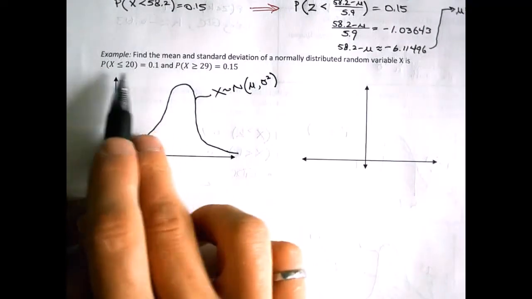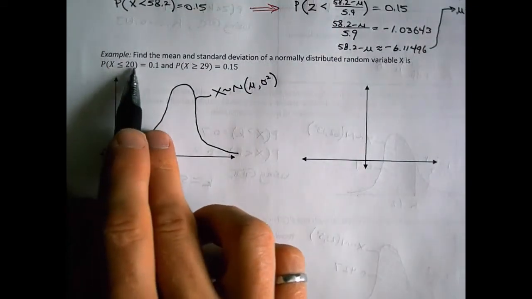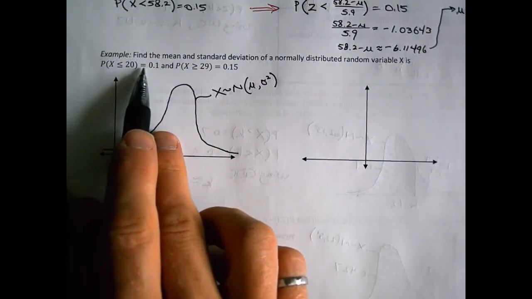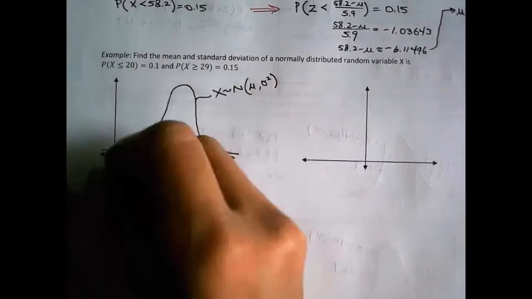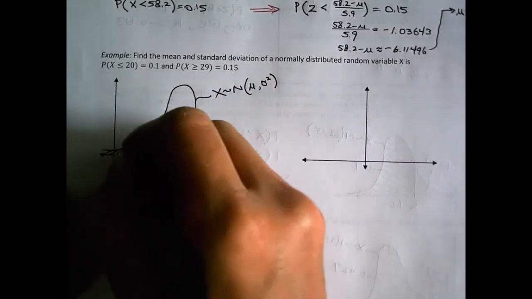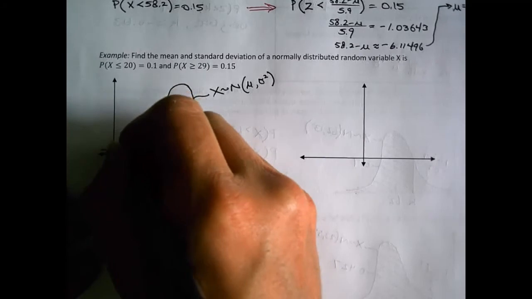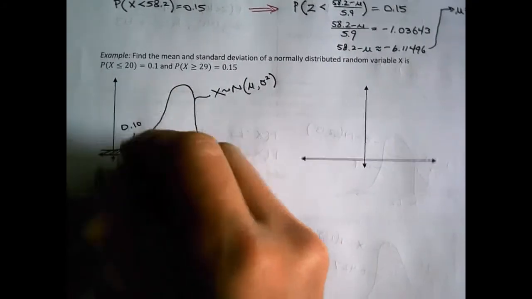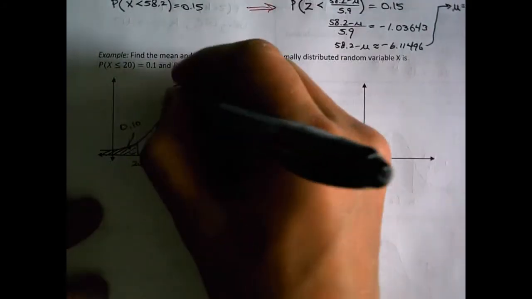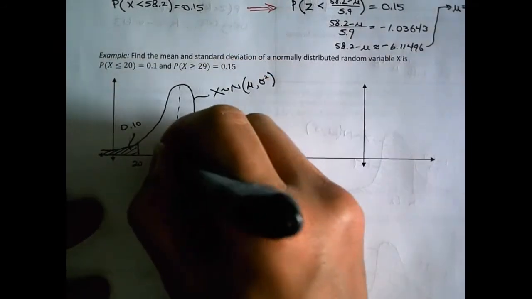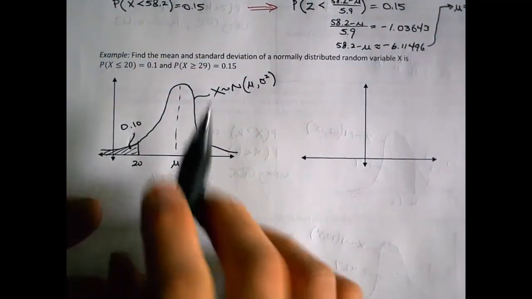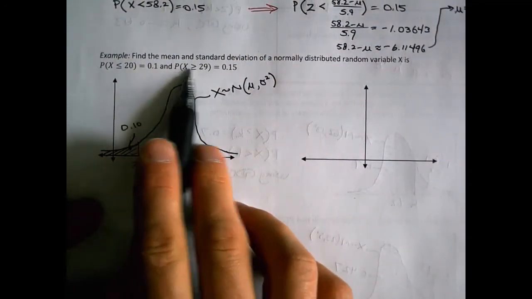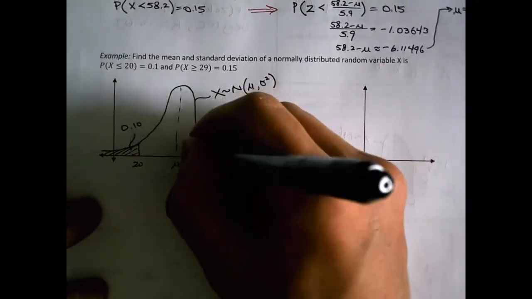But we do know that x is less than the cutoff of 20, that's 10%, so that's a small amount. And that cutoff is 20. The central value is mu, we don't know. And then the fact that when x is greater than 29, it's also a pretty small value, it's 15%.